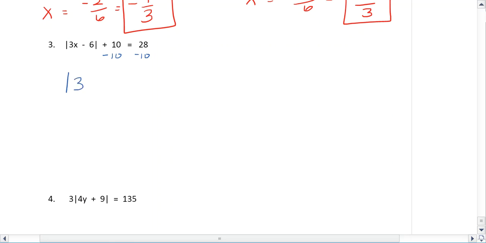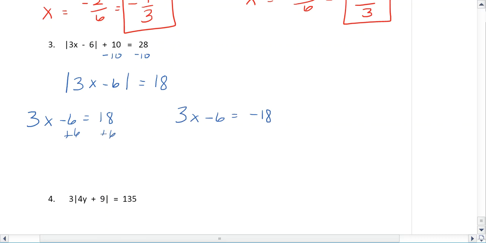And then I have the absolute value of 3x minus 6 is equal to 18. Now it's isolated, and now I'm ready to split it into the two equations and write 3x minus 6 equals 18. 3x minus 6 equals negative 18. And then we solve these separately.